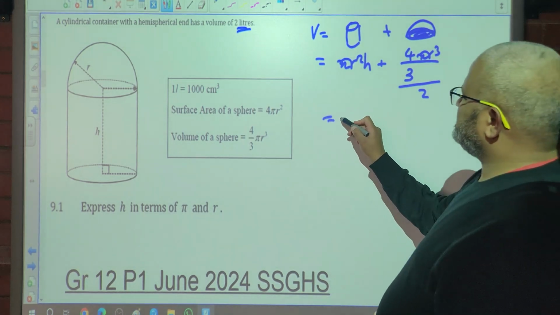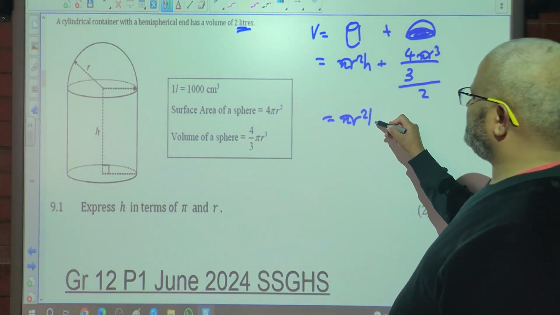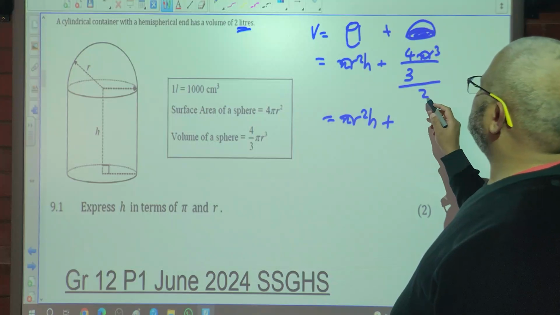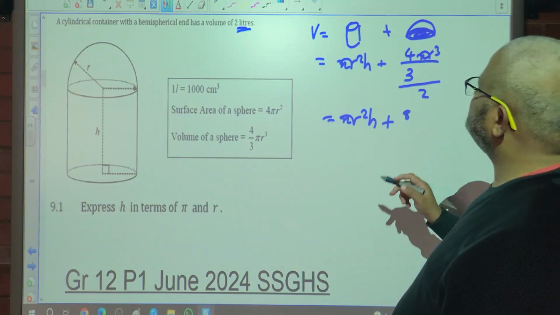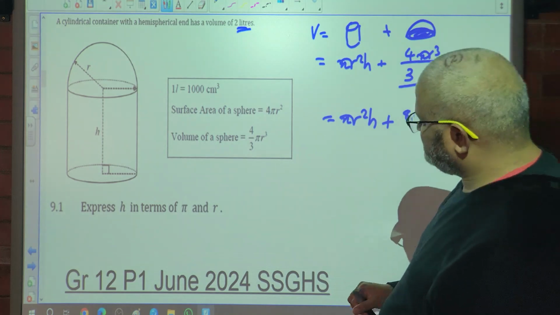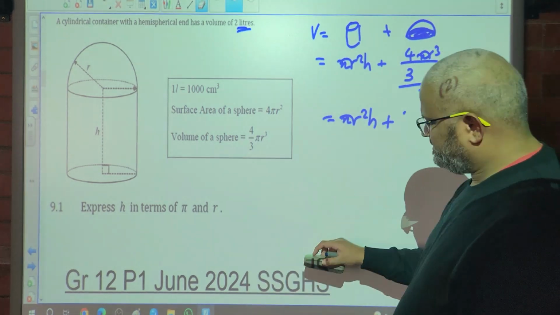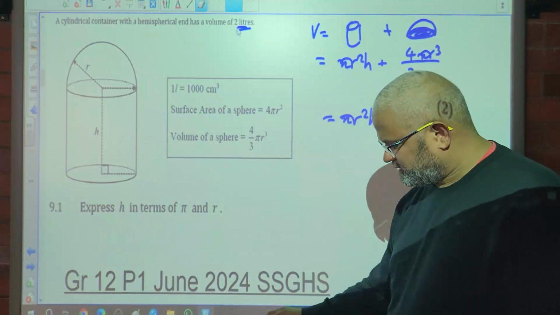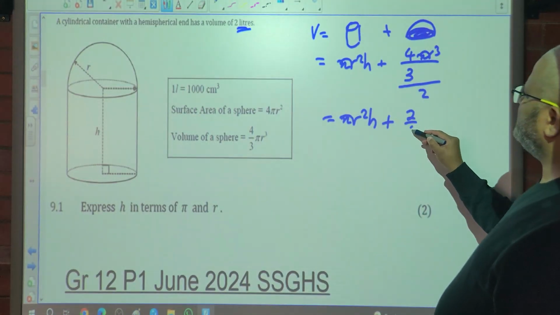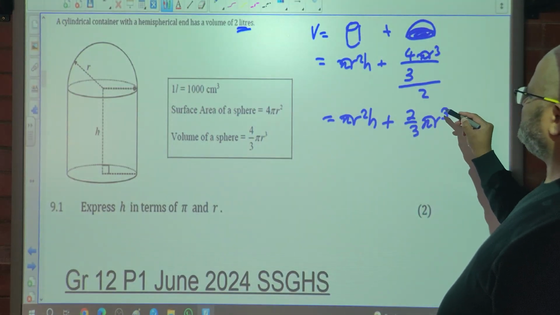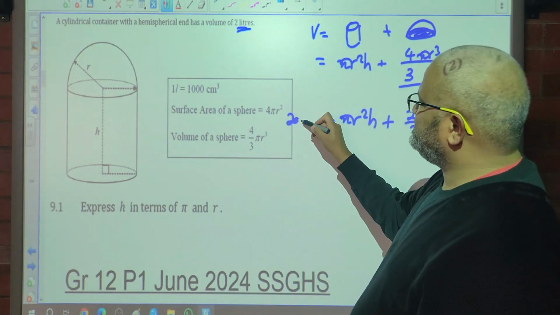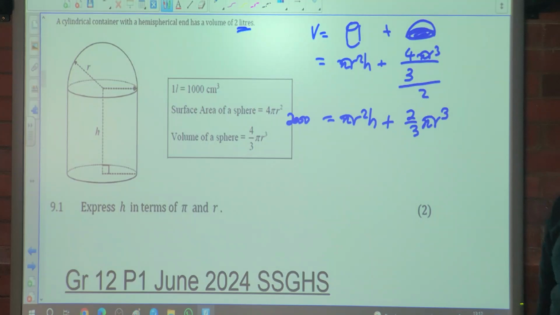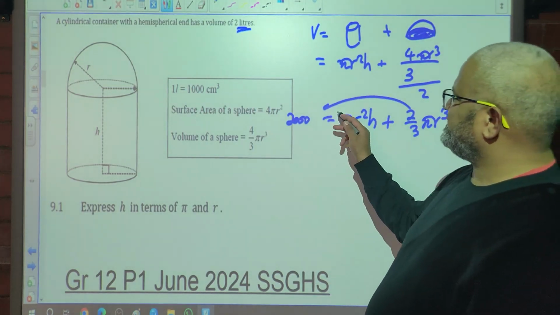So that in total gives us pi r squared h plus 4 over 3 divided by 2, which gives you 2 over 3 pi r cubed, and that is equal to the volume of this, which is 2 liters, which is 2000 centimeters cubed. Again, you want to make h the subject, so you take that over the equal sign.